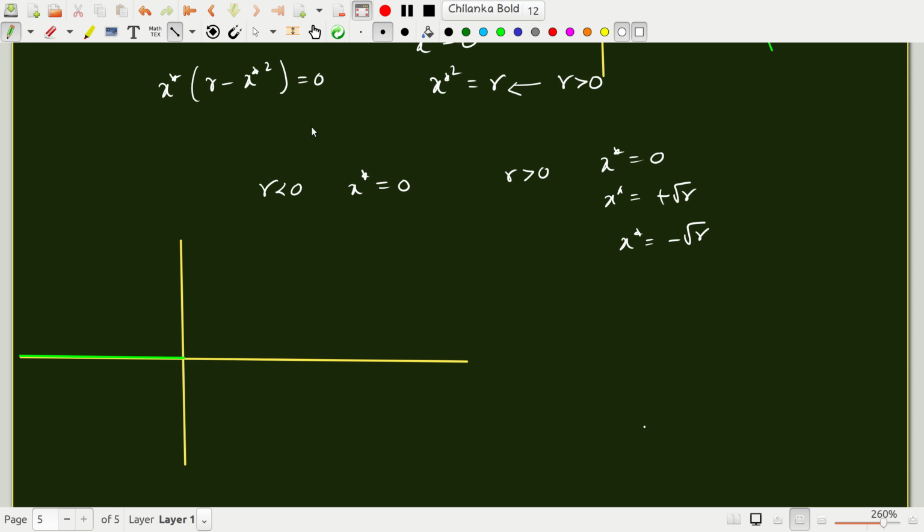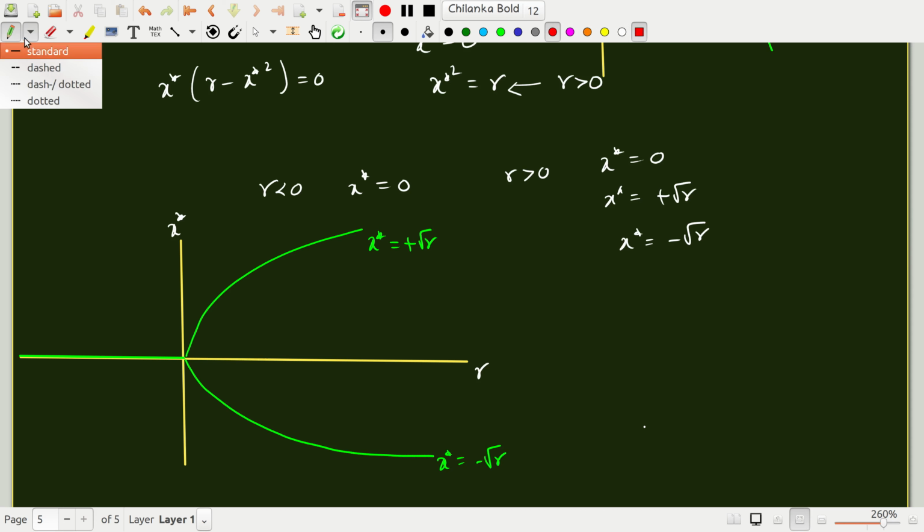What I'm plotting is x star as a function of r. x star is 0 is a stable fixed point. Now when r is greater than 0, you have two solutions, plus root r and minus root r. Both are stable, whereas the original solution x star is 0 now becomes unstable.